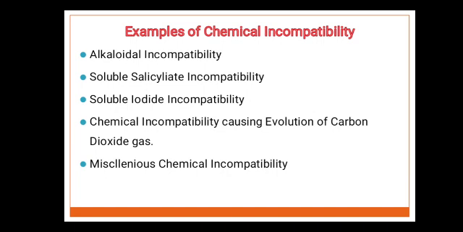In alkaloidal incompatibility, various reactions take place, such as the reaction between alkaloidal salts and alkaline substances, alkaloidal salts with soluble iodides, and alkaloidal salts with tannins. Second one is the soluble salicylate incompatibilities.